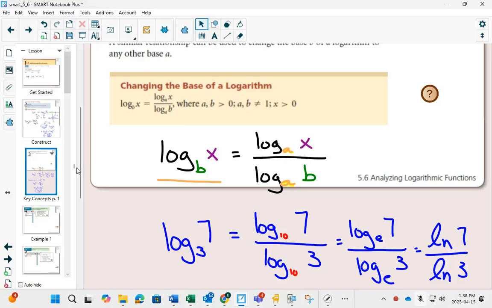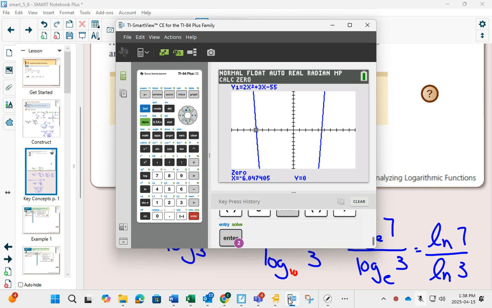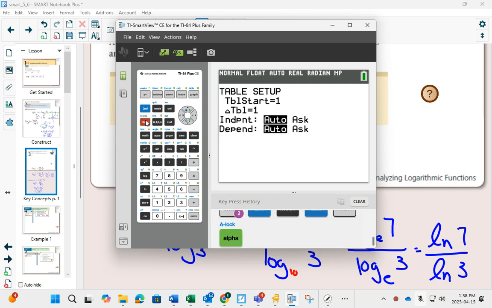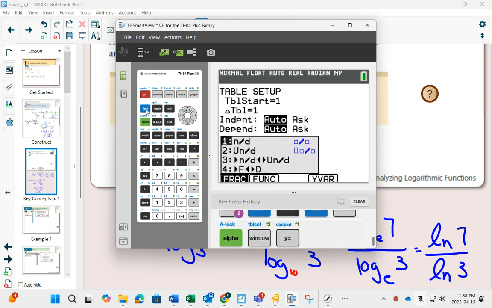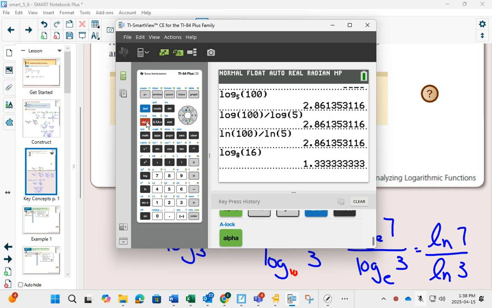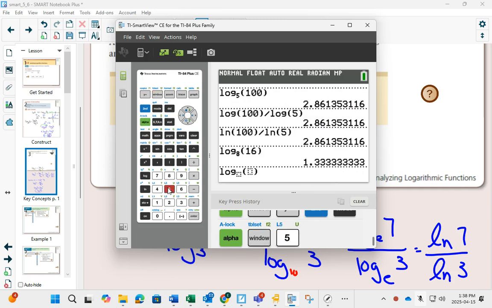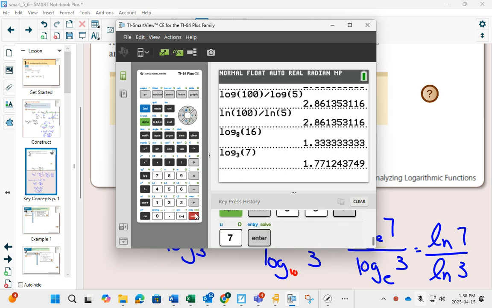So on my calculator, I'm going to pull it up here so that you can see. On my calculator, I have the fancy log button, so I can type in log base 3 of 7, and get the answer. But I could also type log 7 divided by log 3.